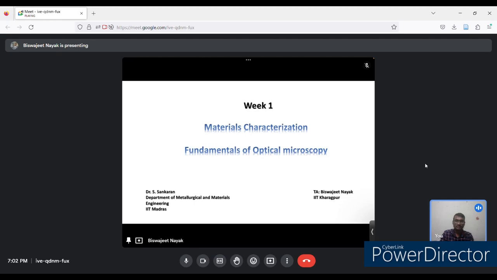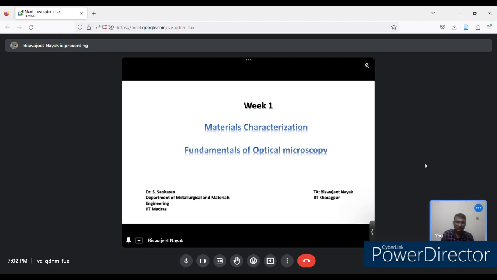I'm Viswajit Naik, a first year PMRF scholar currently studying at IIT Kharagpur. I'm helping Professor S. Sankaran from IIT Madras in this course, Material Characterization.